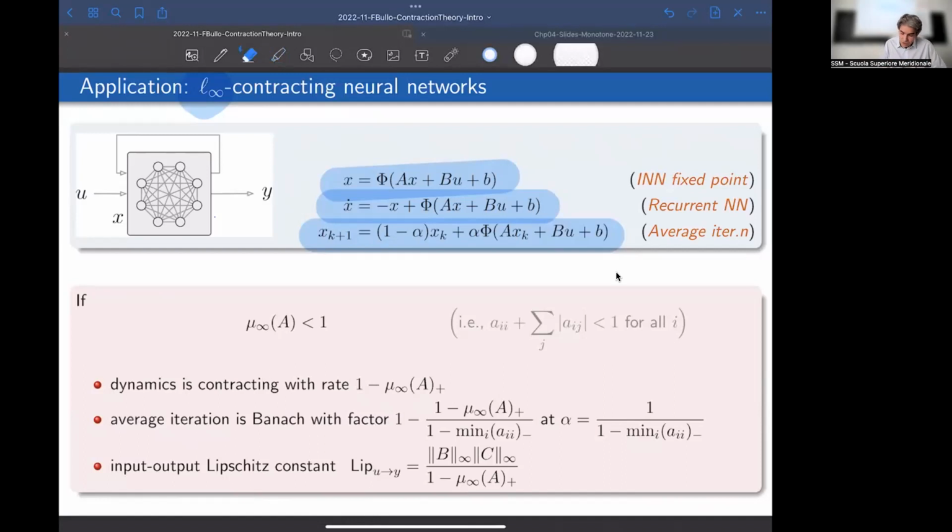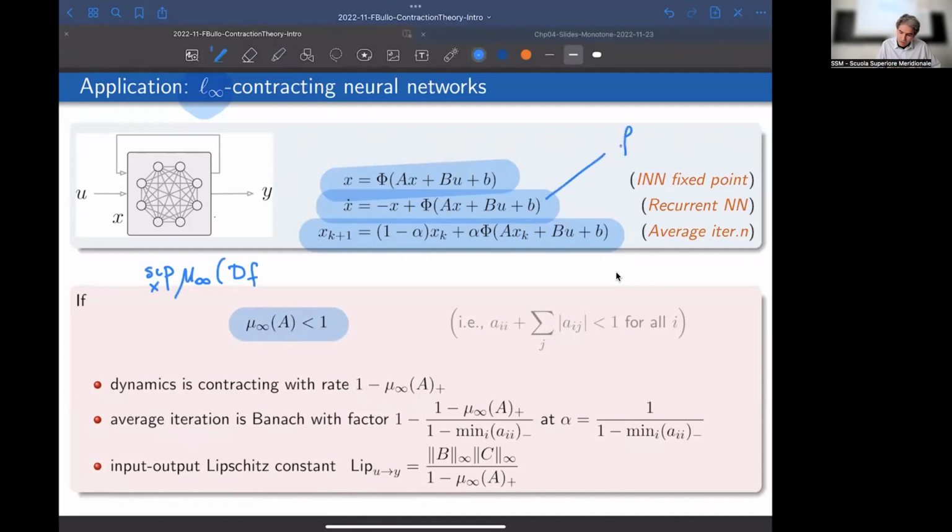Then it turns out that we saw, after very few calculations, that even though we were supposed to work with, remember, the supremum over X of the log norm with respect to the infinity norm of the Jacobian of the dynamics.